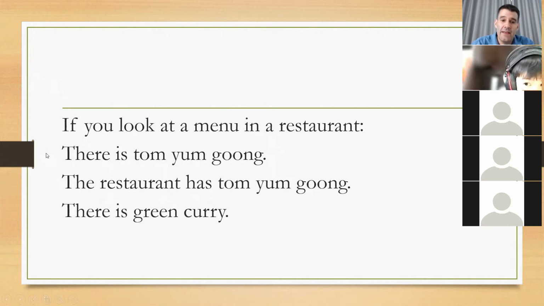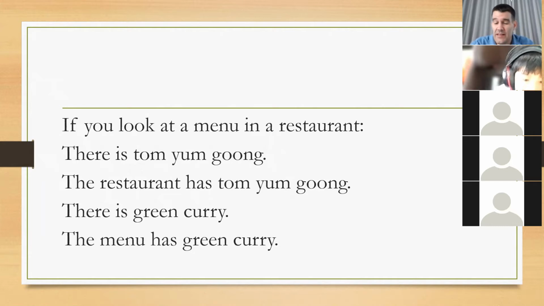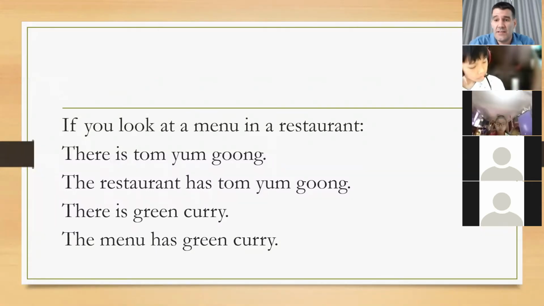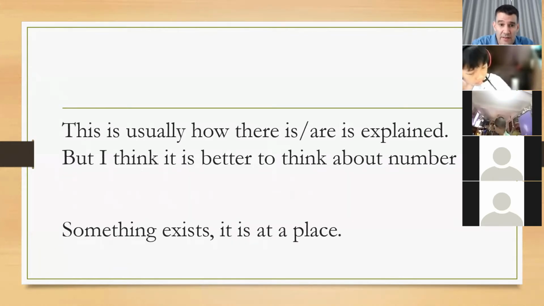Or you can say there is green curry. Or you could say the menu has green curry. So there is the same as the menu has. But as you can see, there's not a clear owner. So you can say the restaurant has, the menu has. There are different things that you can say. There is just says that it exists, it is there if you want to eat it.